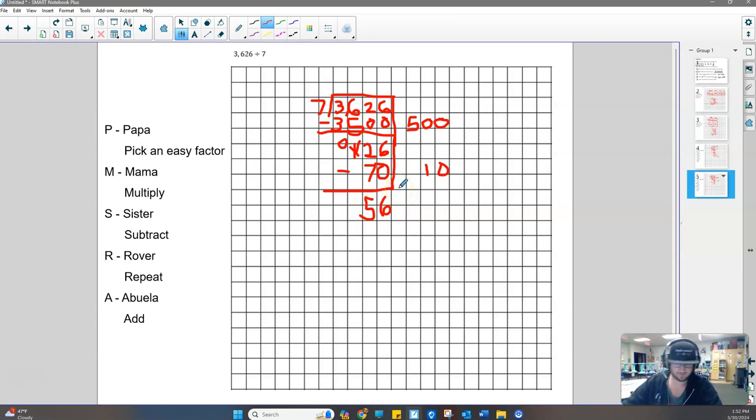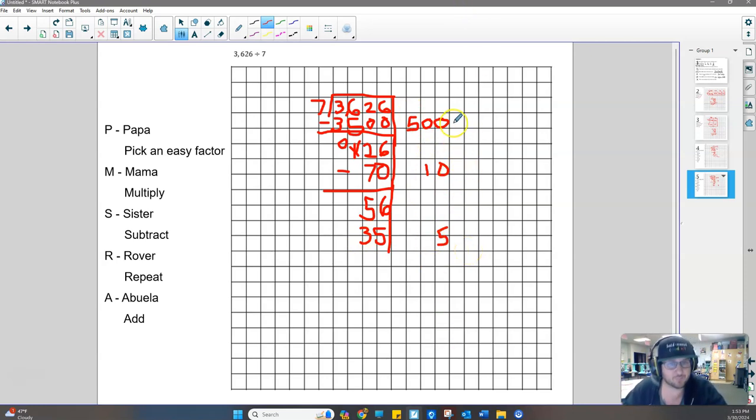Now at this point, I've got to multiply by 7s, and I don't really know. And if I'm not sure, we know that 5, 6, 7, 8, 56 is 7 times 8. But if I don't know that, then I can just go back to a 5. A 5 is an easy factor, and I already know that 7 multiplied by 5 is 35. Now I want you to notice here, off to the side, we need to make sure we're lining up that place value.